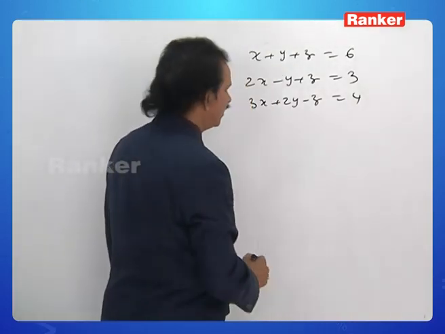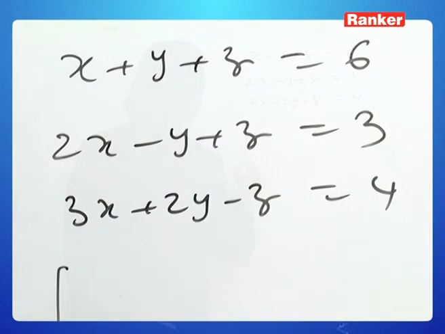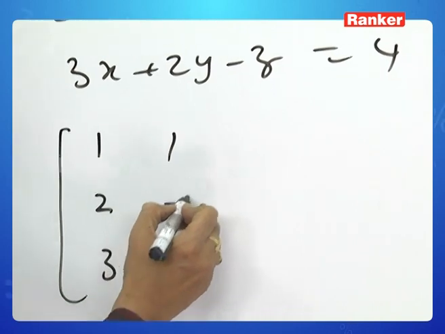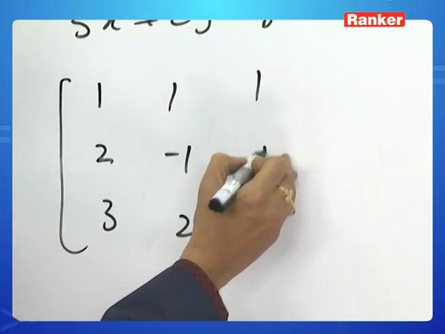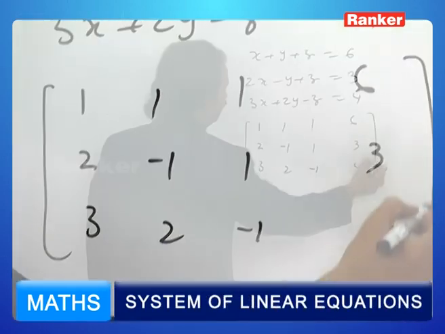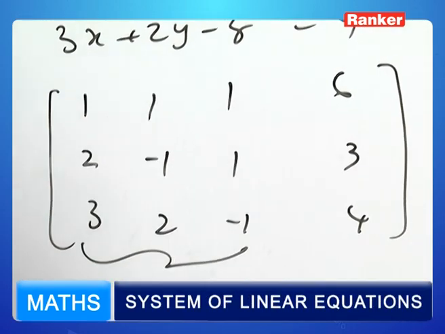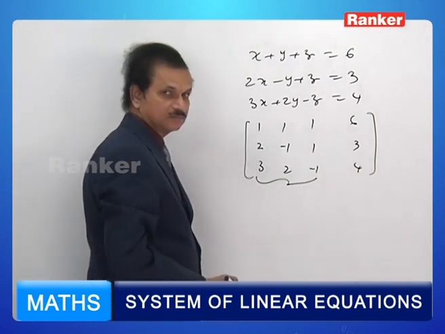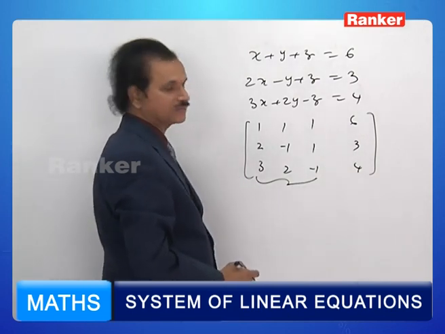Okay friend, what is the augmented matrix here? 1, 2, 3, 1, minus 1, 2, 1, 1, minus 1, 6, 3, 4. Up to here, this is A, and if you adjoin that, it is AB, the augmented matrix.